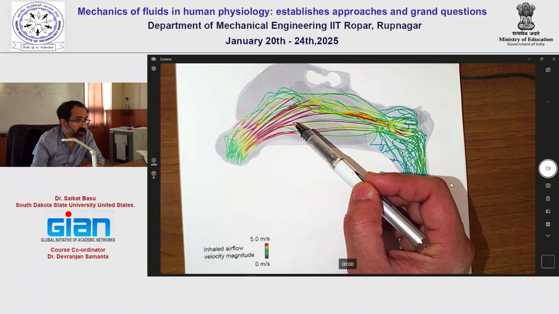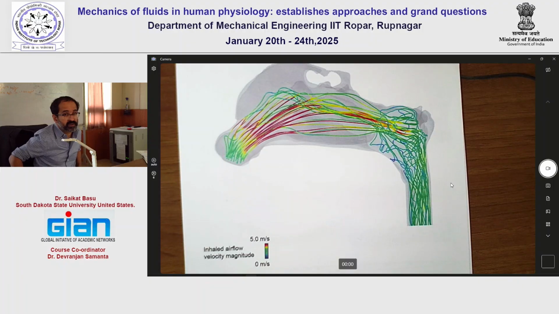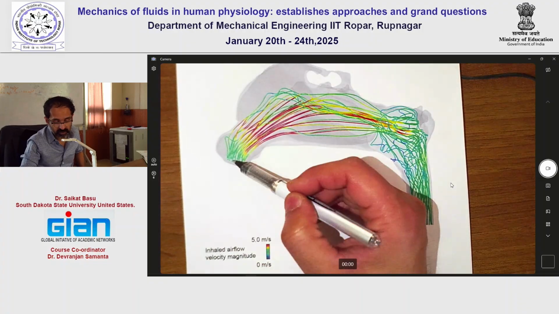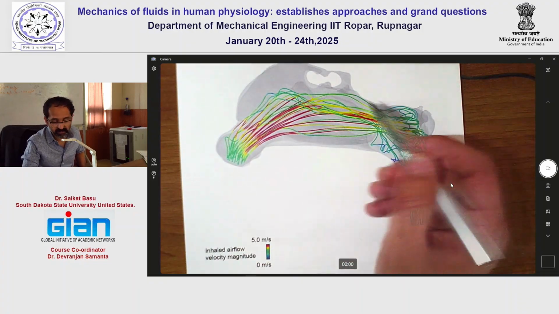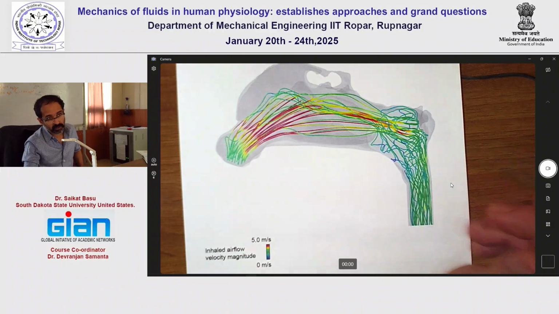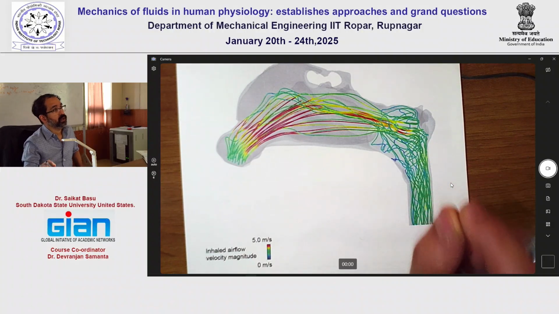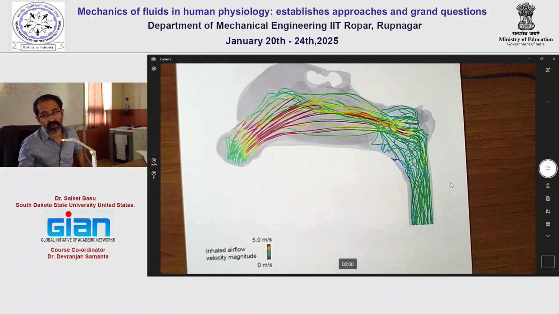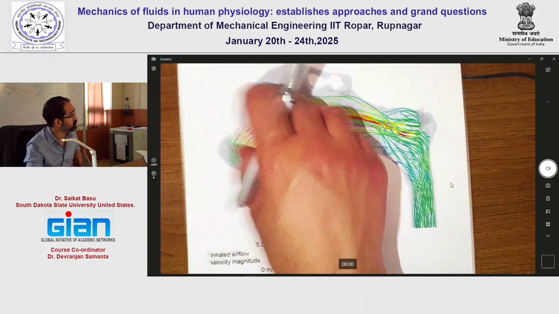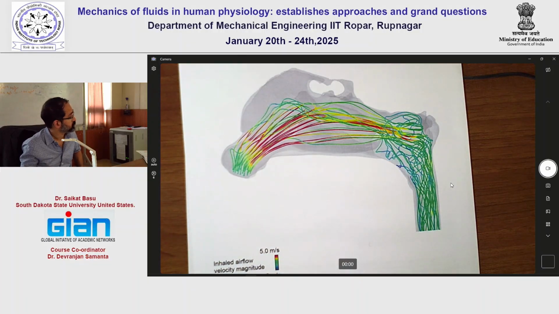If you remember one of the problems, I had assumed the flow to be 5 meters per second. Here is the justification for this. But also with 1 meter per second, as we found, even if the flow is slower, the problem we were trying to solve was how long it takes for a 100 micron particle to deposit, and we saw that the time interval is so short that it is going to deposit in the anterior parts of the nose.